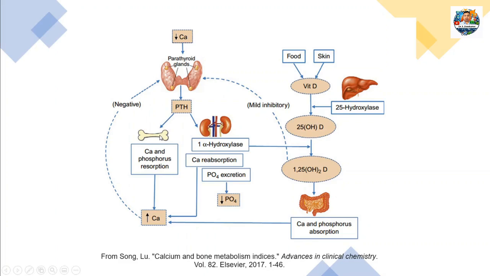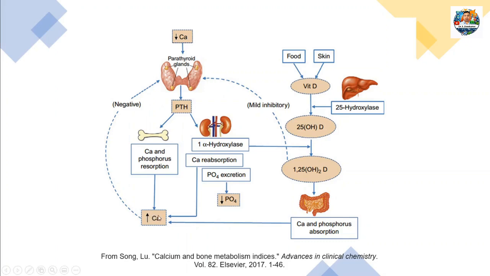In case of bone, it leads to the increase of bone resorption, resulting in the release of calcium and phosphorus into the plasma, and because of this the plasma calcium concentration increases.